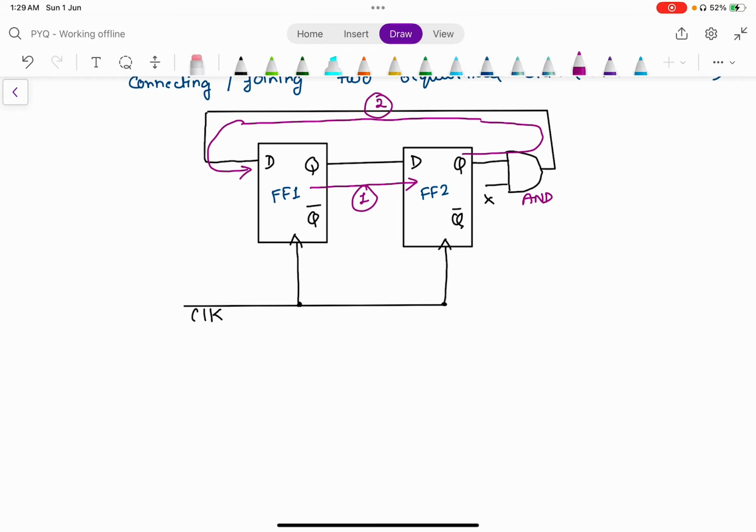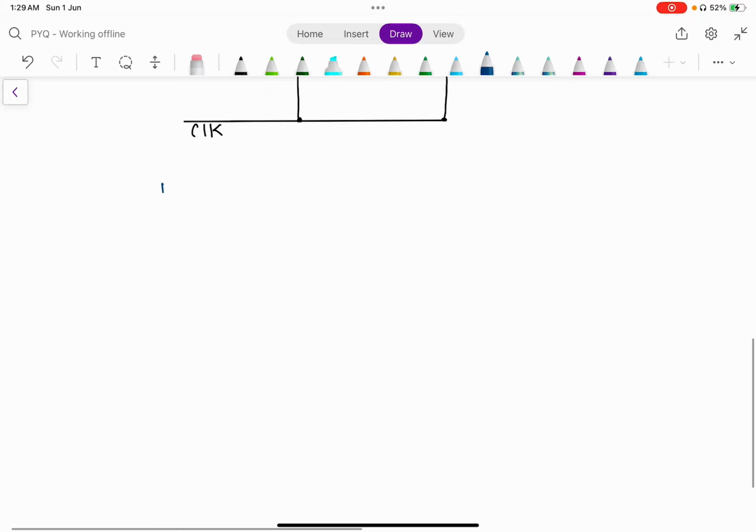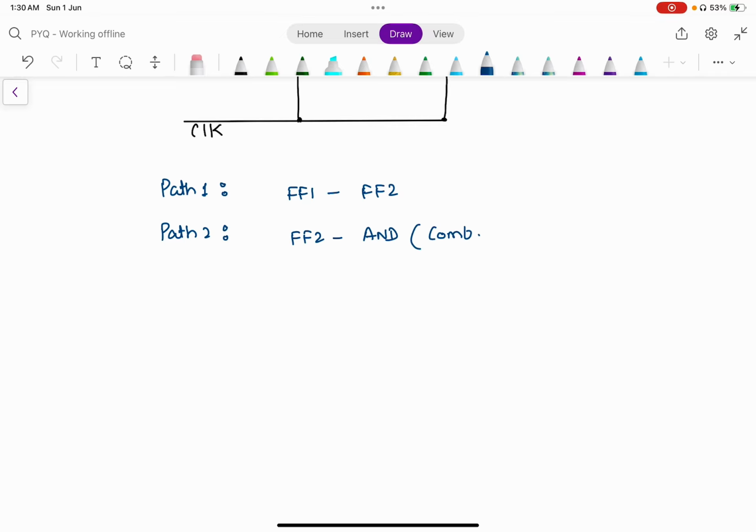This we will denote as path number 2. Now we have recognized the different paths. Path 1 goes directly from flip-flop 1 to flip-flop 2, and path 2 goes from flip-flop 2 to an AND gate, which is a combinational circuit, then going to flip-flop 1.